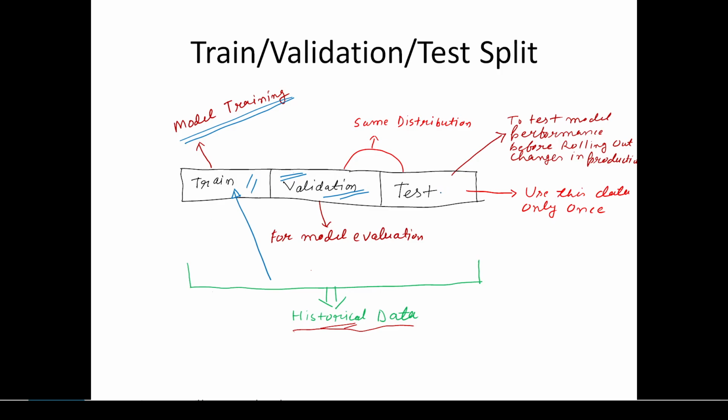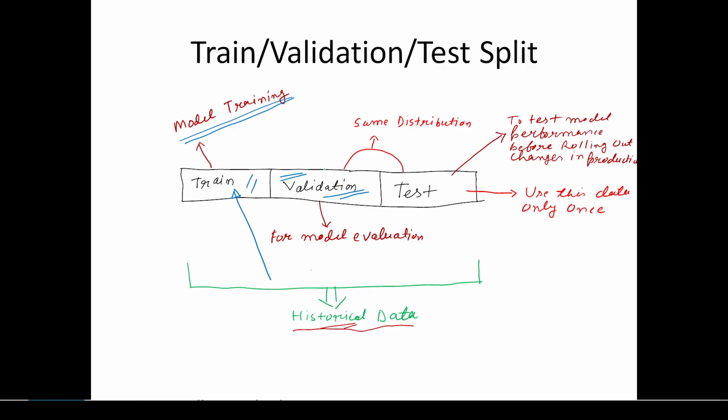So the actual requirement is to deliver the machine learning model so that it can predict the desired outcome based on the unseen data. So we need to keep these two data sets completely separate and use validation data only to evaluate the training pipeline, right?